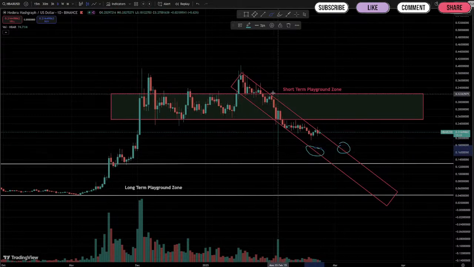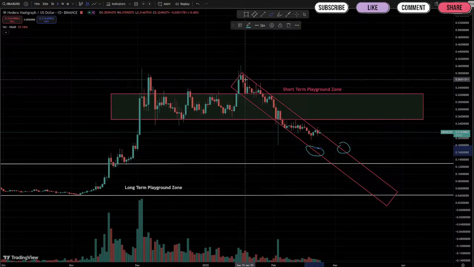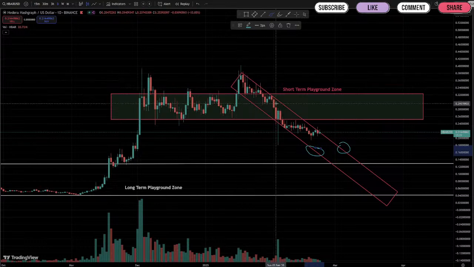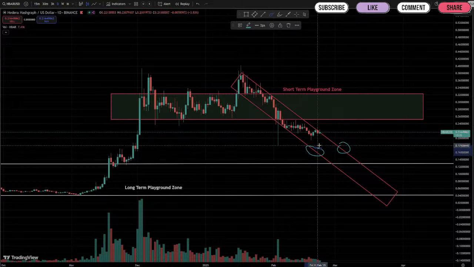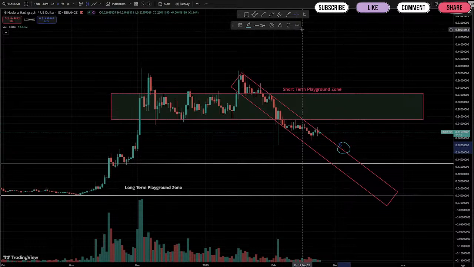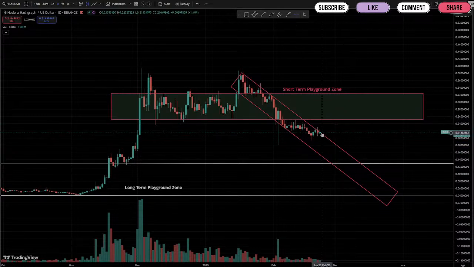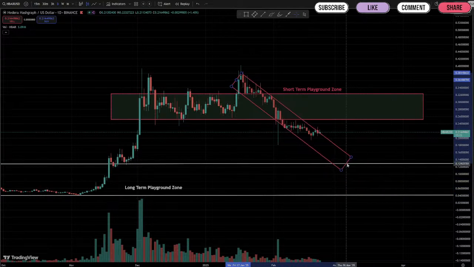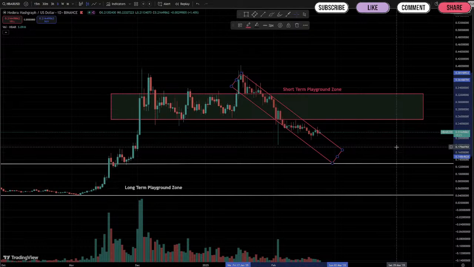Right now we are seeing this, which started somewhere in mid-January, and it has been behaving this way. What we're waiting to see now is probably a breakout from this downward playground zone, or the downward flag in terms of candlestick studies.